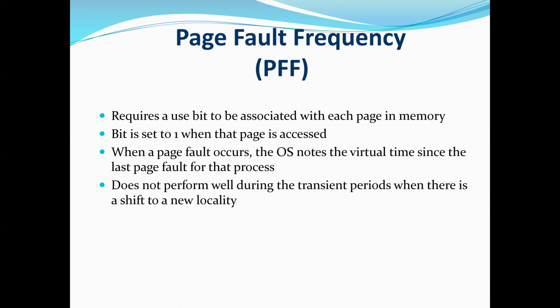This could be done by maintaining a counter of page references. Now, a threshold F is defined. If the amount of time since the last page fault is less than F, then the page is added to the resident set of the process. Otherwise, we discard all pages with a use bit of 0 and shrink the resident set accordingly. At the same time, reset the use bit on the remaining pages of the process to 0.